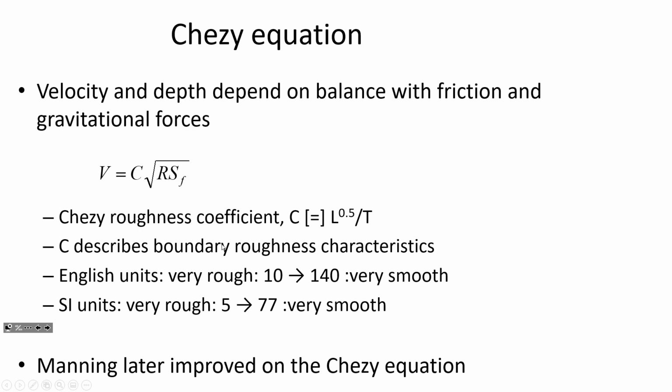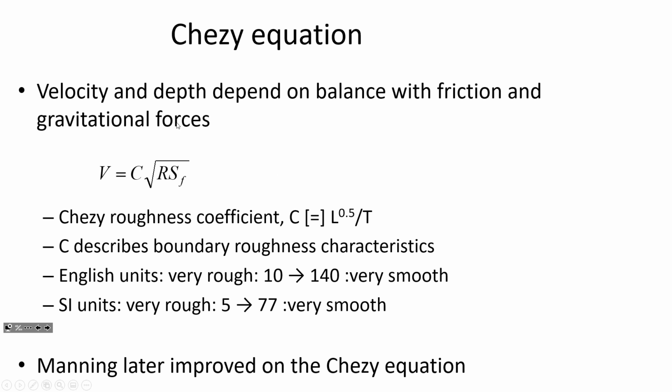And the C values that went into the Chezy equation would be, on the rough end, low numbers, and on the high end, smooth numbers. So if you had a high C value, then that would give you a larger velocity for a certain slope of the energy grade line.